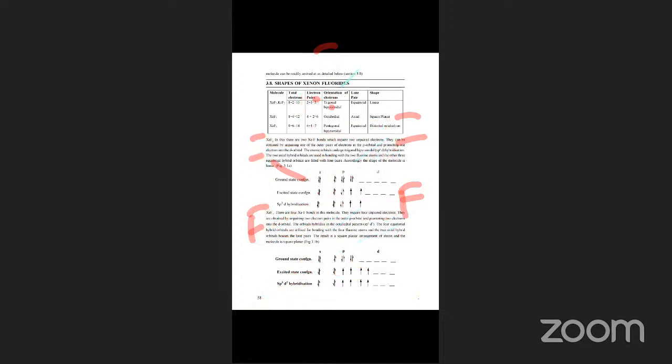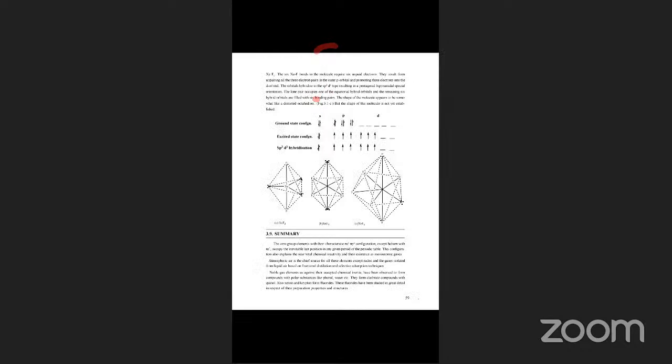So this is XeF4. Finally, XeF6. Now the other p electrons jump into another d orbital. There is 1 lone pair and 6 single electrons.